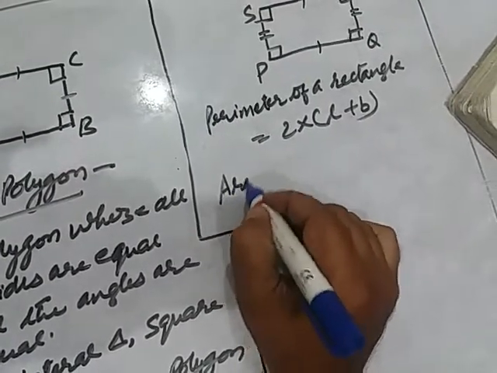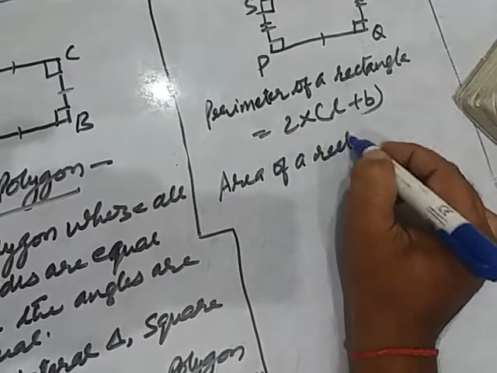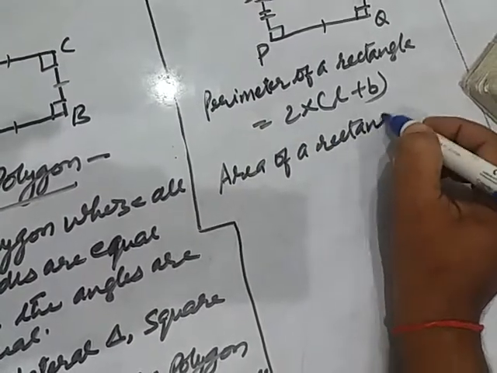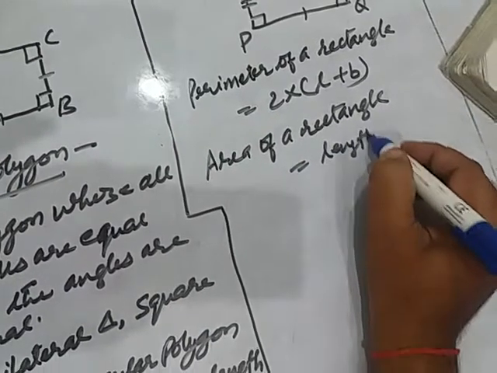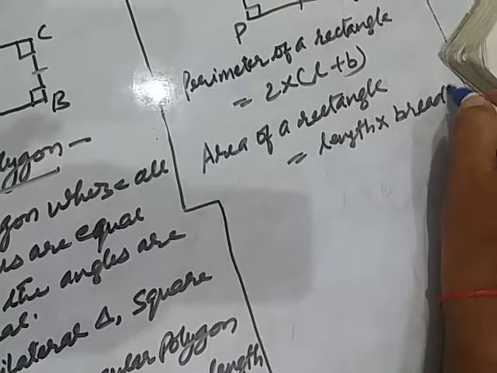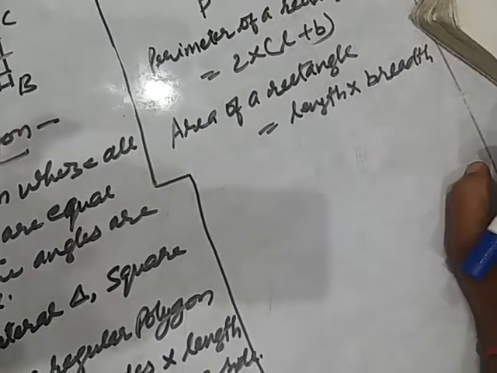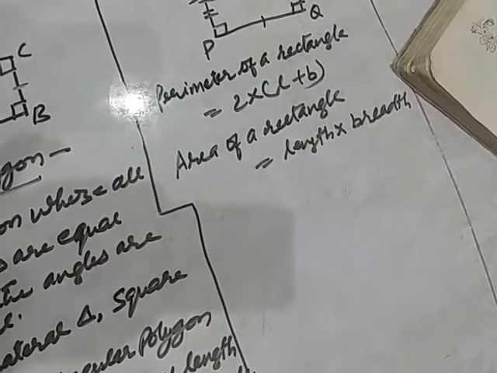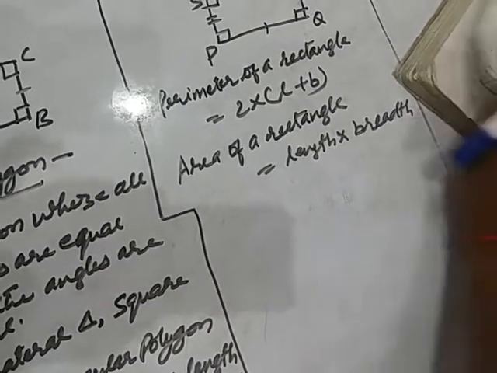Area of a rectangle is equal to length into breadth, that is L into B. Okay children, this is all about the perimeter and area of squares and rectangles.